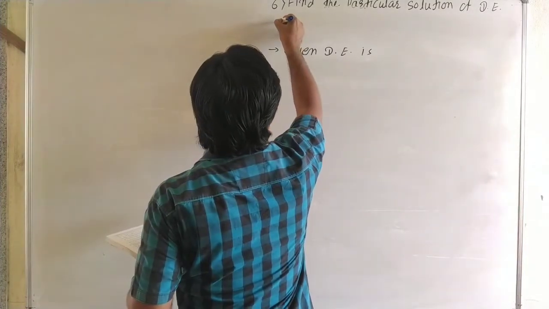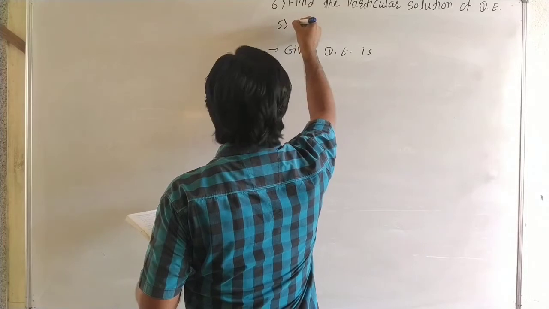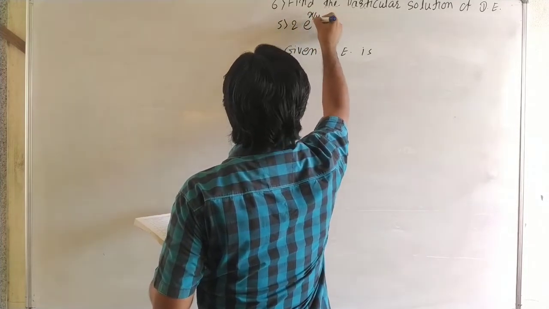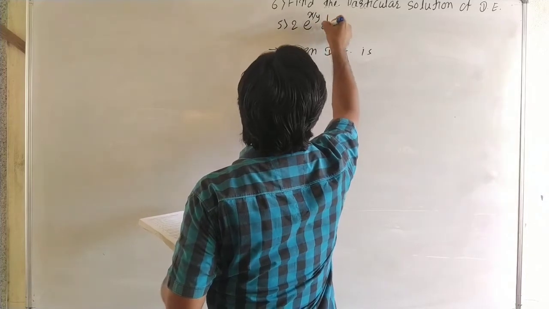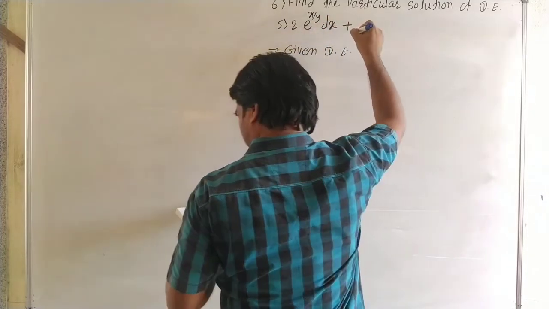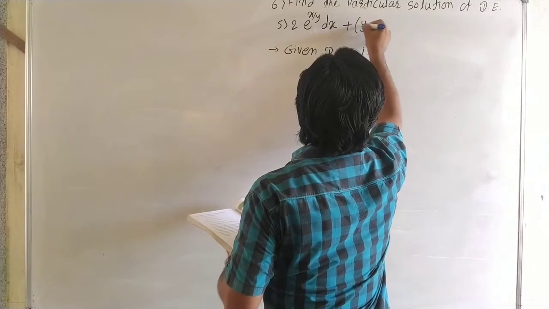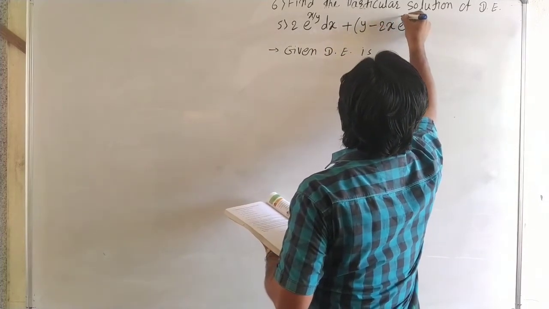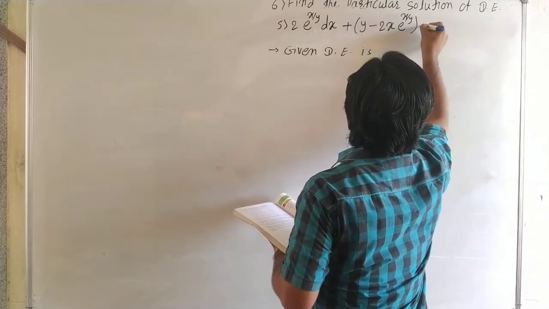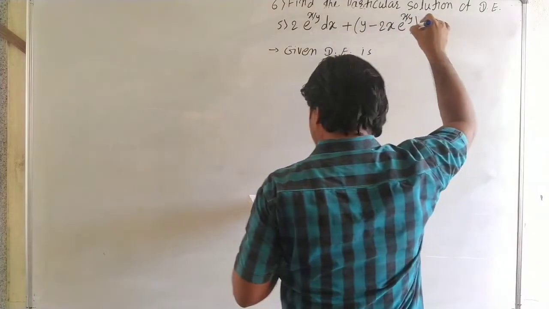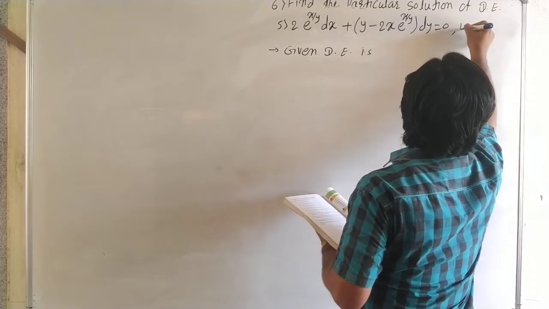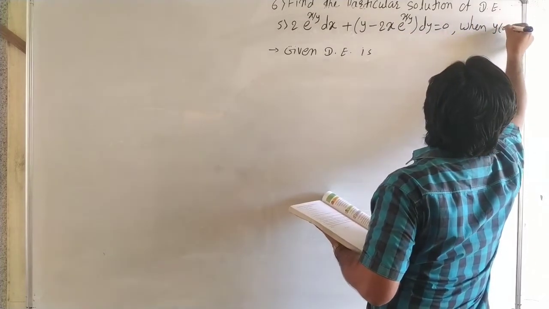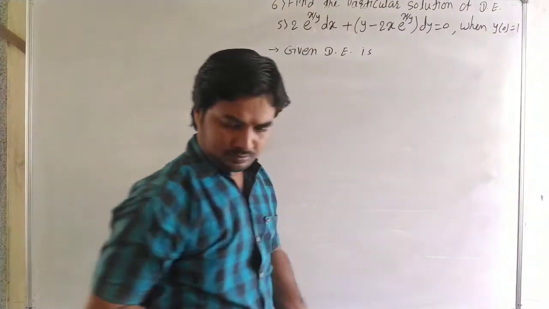Last example. 2 into e to the power x by y dx plus y minus 2x e to the power x by y dy is equal to 0, when y of 0 is equal to 1.